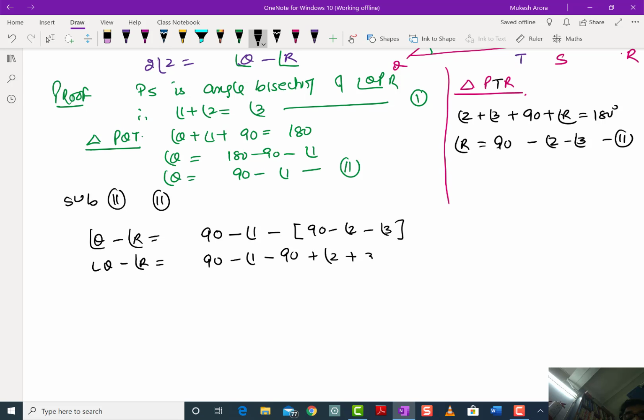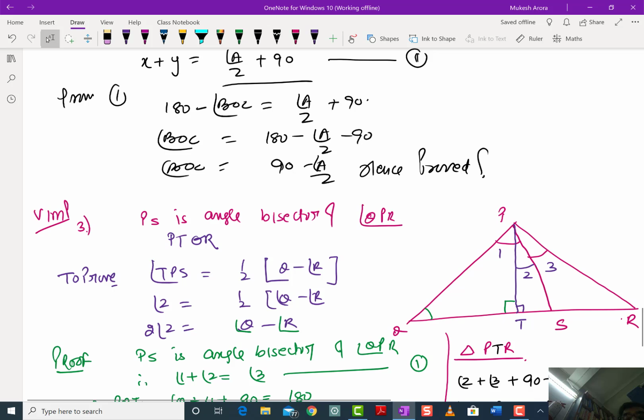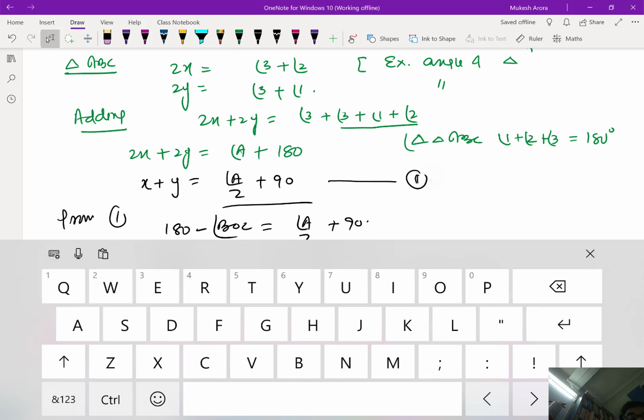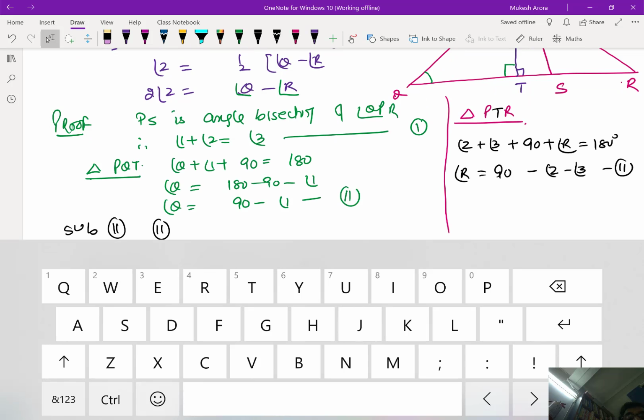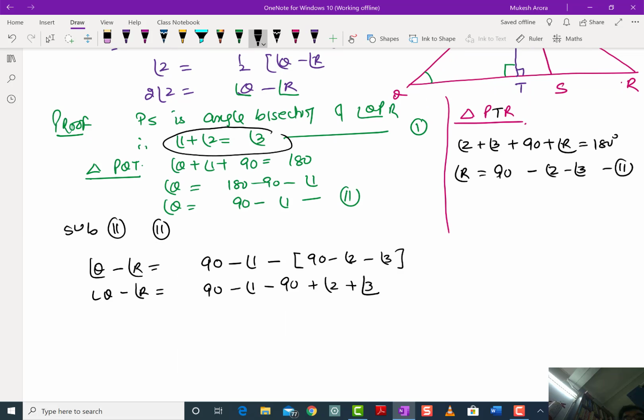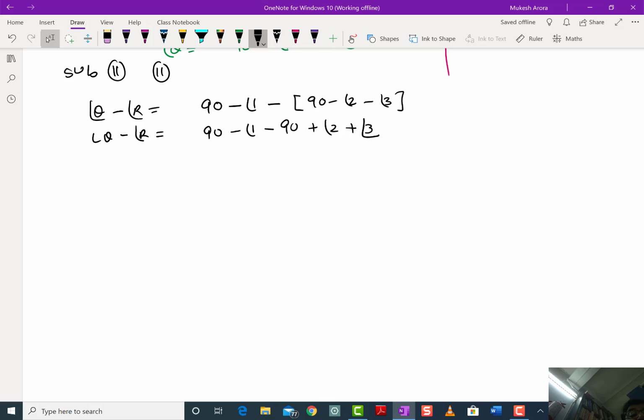We see here that angle 3 is equal to angle 1 plus angle 2, which we have proved. So angle Q minus angle R is equal to minus angle 1 plus angle 2 plus angle 1 plus angle 2.